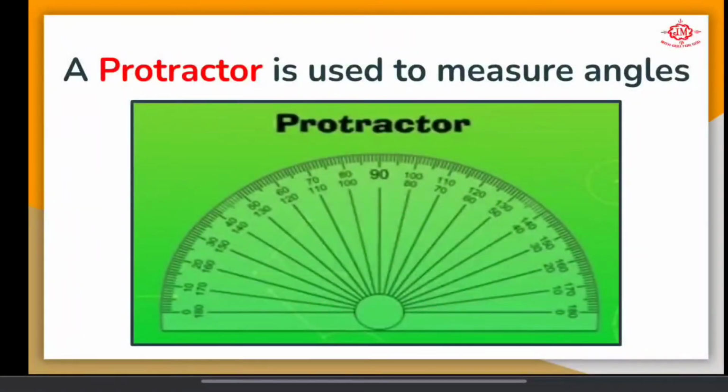We learned that a protractor is used to measure the number of degrees in an angle. It helps to measure any angle. It also helps us in knowing which type of angle it is. The reading on the protractor always begins at 0 degrees and goes on to 180 degrees.